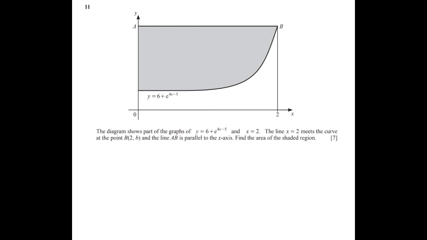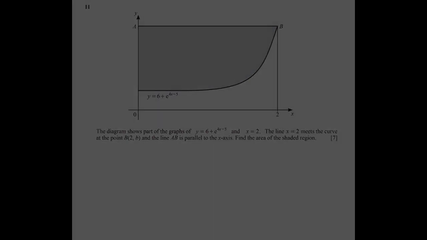And so one thing to think about is we know the length of the rectangle, it's 2, right? From 0 to 2. And so we're going to need to get the height of the rectangle, and then we just do the integration. So this actually, for 7 marks, if you know what they're getting at, the work's not too bad. Not too bad at all.